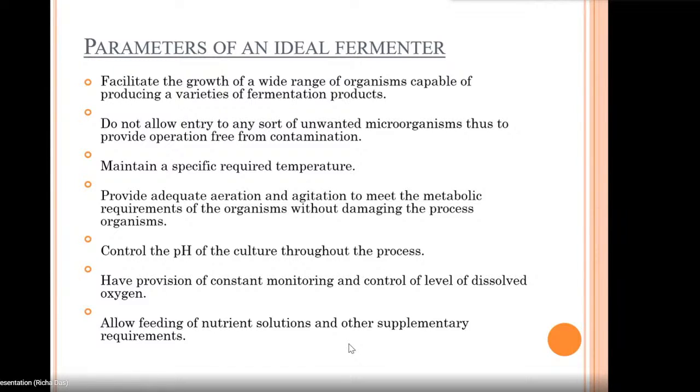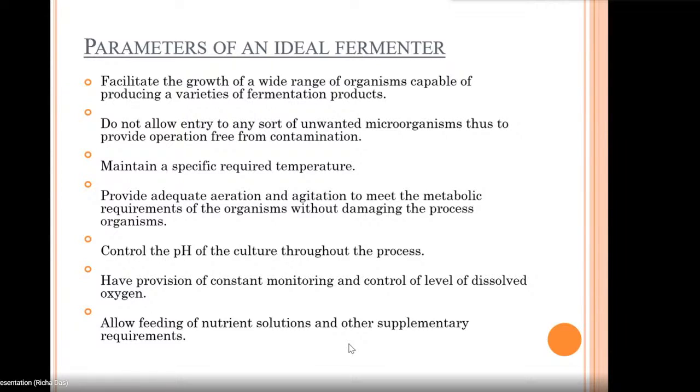So if today I am growing Lactobacillus, then tomorrow I should be able to grow Saccharomyces cerevisiae in the same fermenter. That is an ideal fermenter.